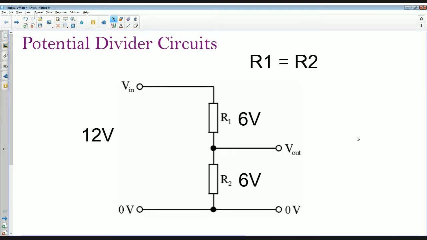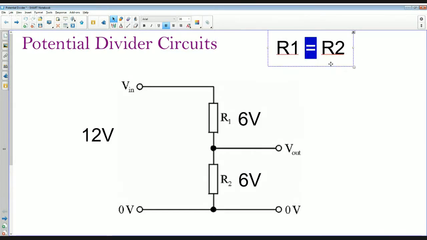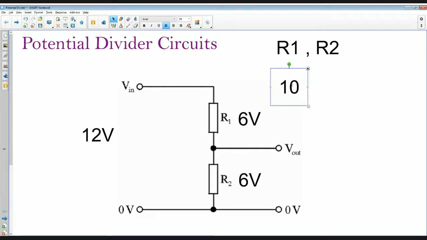Now, what happens if the resistors are not the same? That means we change the resistance of each resistor, right? So let me just give you values. For example, now R1 is not R2. Let's say R1 is 10 ohms. Never mind the symbol, let me just write it in ohms.